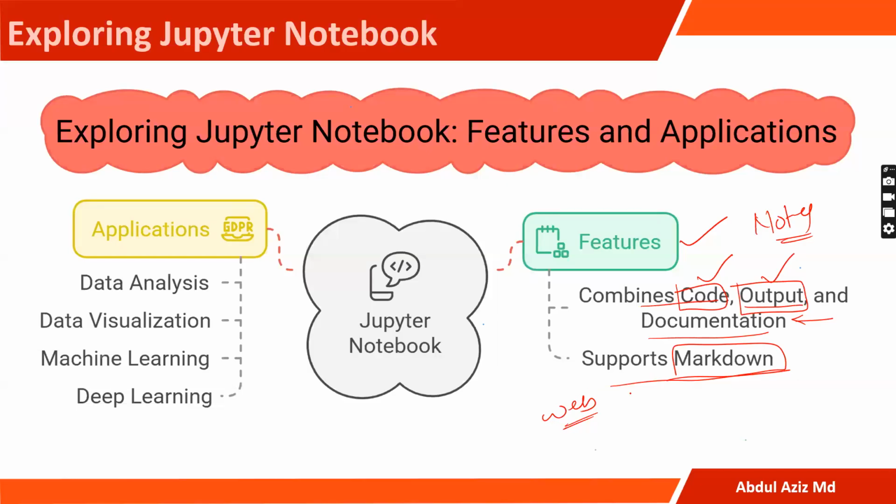So these are the features, and we mostly use the Jupyter notebook for data analysis and data visualization, right? Why are we using it here? We can do storytelling with data. In data analysis and data visualization, what we do is storytelling with the data.